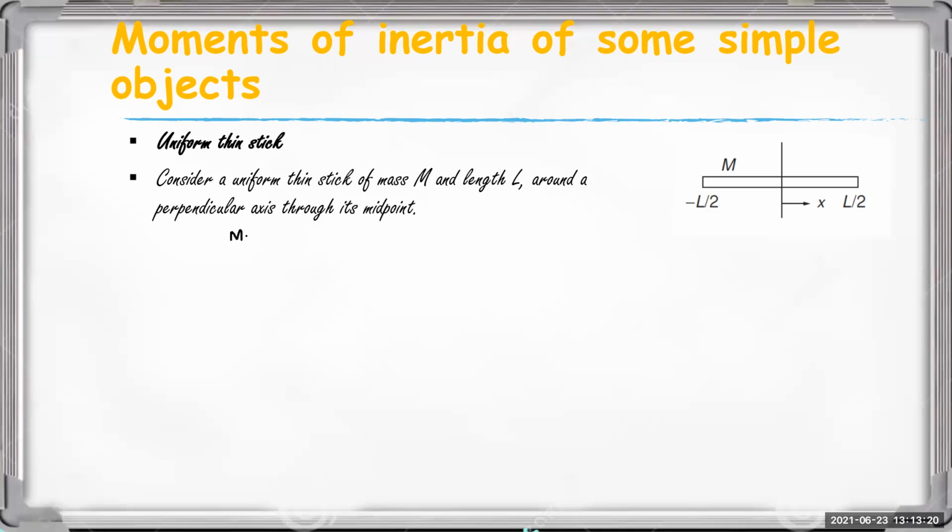Then mass per unit length, that is equal to what? It is equal to m by l. Here we consider a small element.